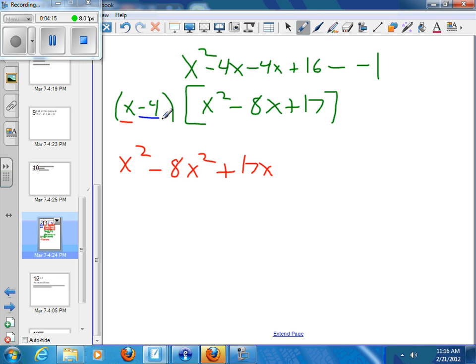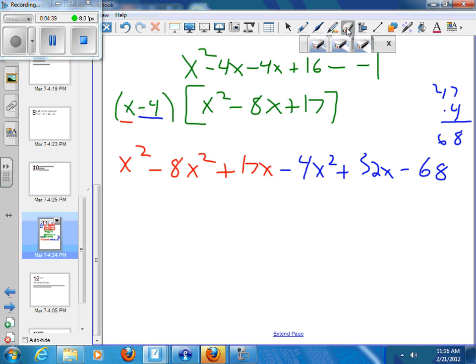Then if I distribute my negative 4, that becomes negative 4x squared plus 32x minus, and 4 times 17, 8 down here, the 2 is a 68. Final step, combine all your like terms.